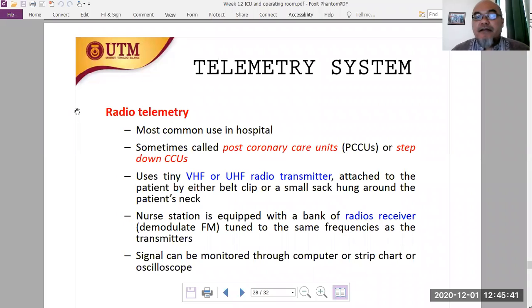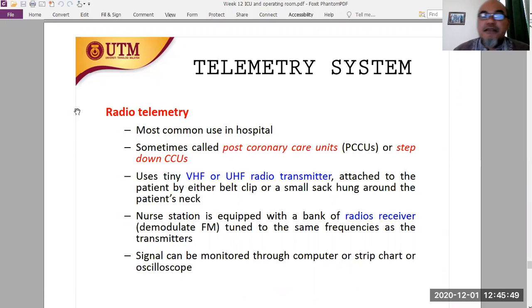In radio telemetry, wireless transmission is now commonly used in hospitals, sometimes called the PCCU, post coronary care units, or step down CCU, coronary care unit. It uses a tiny VHF or UHF radio transmitter attached to the patient by either a belt clip or a small sack hung around the patient's neck.